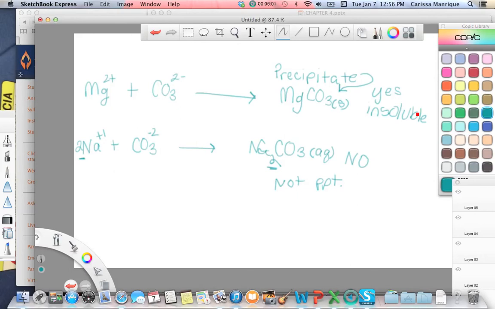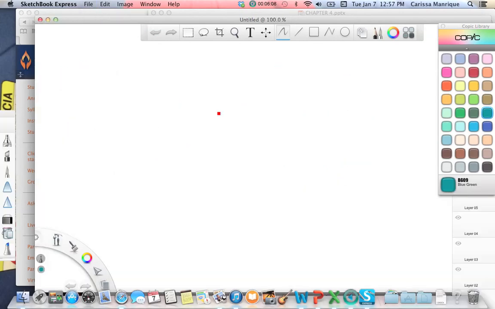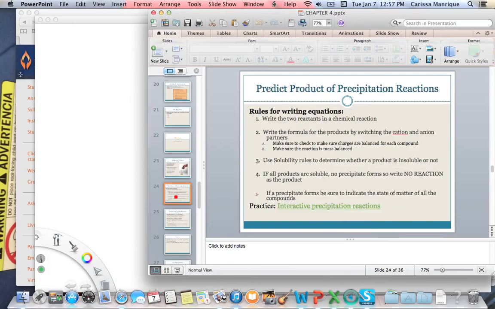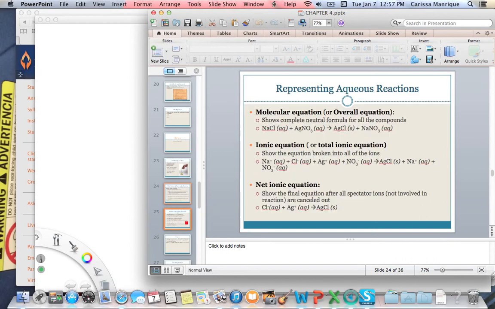Okay, so let's look at a whole equation. Because this is how you're going to see it more often, they'll give you a molecular overall equation, and they'll ask you what is the ionic equation and what is the net ionic, okay? A molecular or the whole equation is where they show everything.